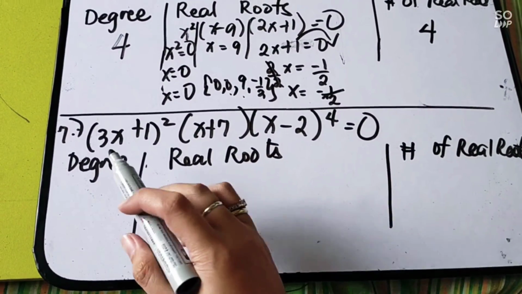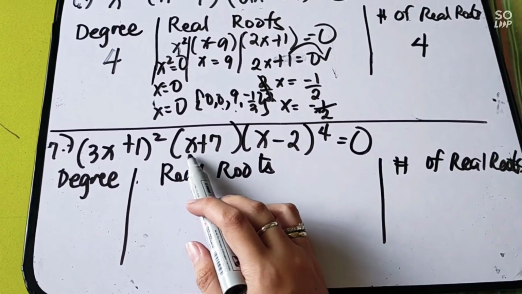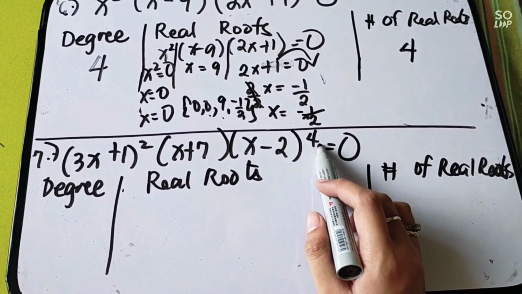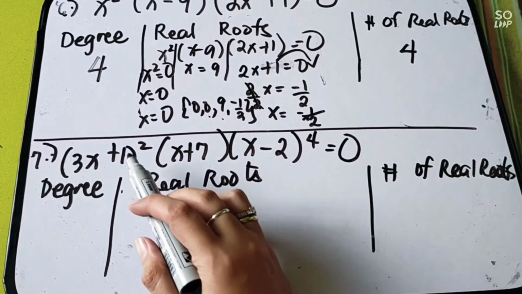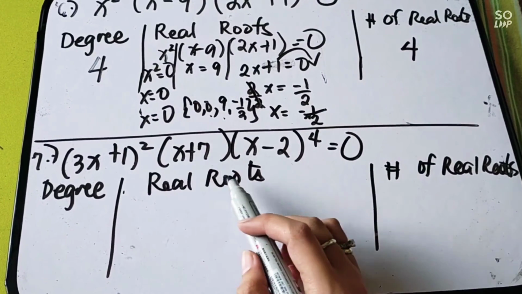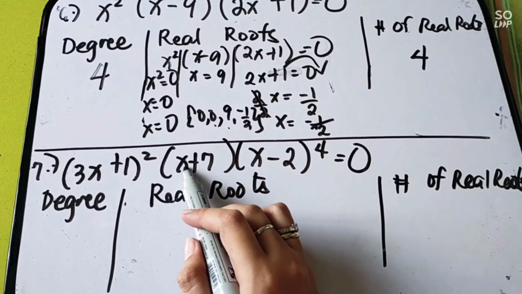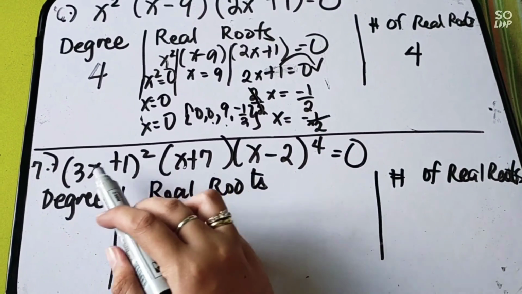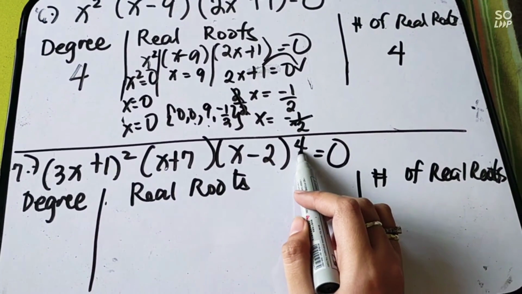Next, we have 3x plus 1 squared, then x plus 7, then x minus 2 raised to 4. Let us have the number of degrees. So, this one is 2, then 2 x squared times x cubed. Ito ay x raised to 4. So, we have 2, 3 plus 4.